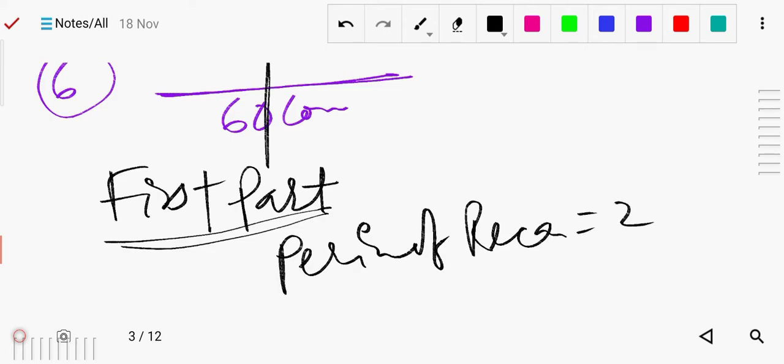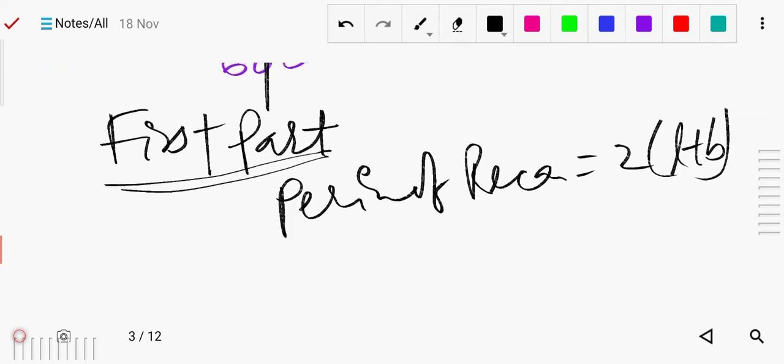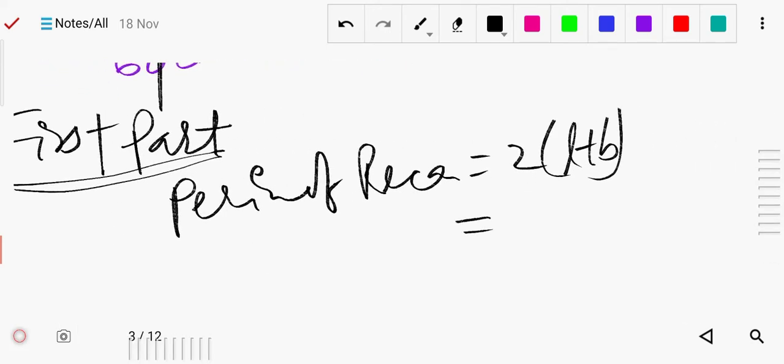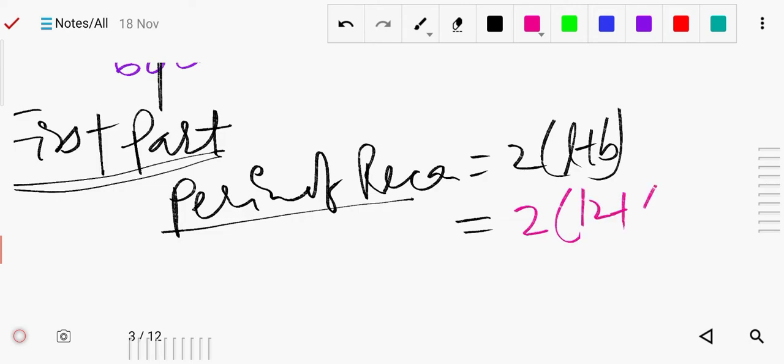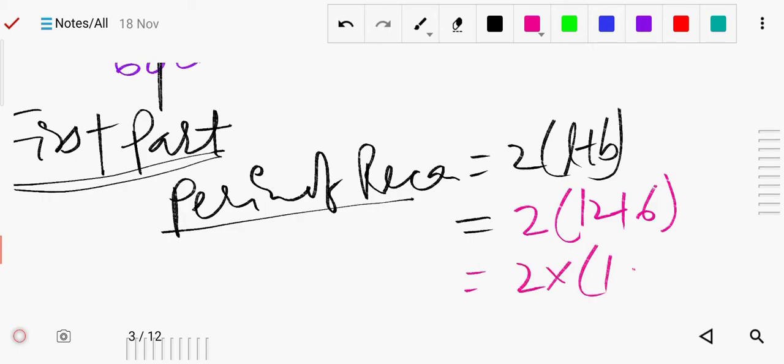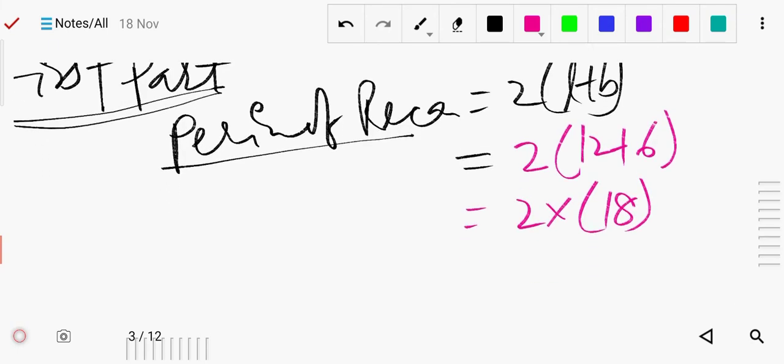We know that it is 2 into l plus b. Here the perimeter we don't know, but the length and breadth are given. So we can put 12 and 6. So 12 centimeter plus 6. So 2 into 12 plus 6, it will be 18. So 18 into 2, so that is your 36 centimeter.